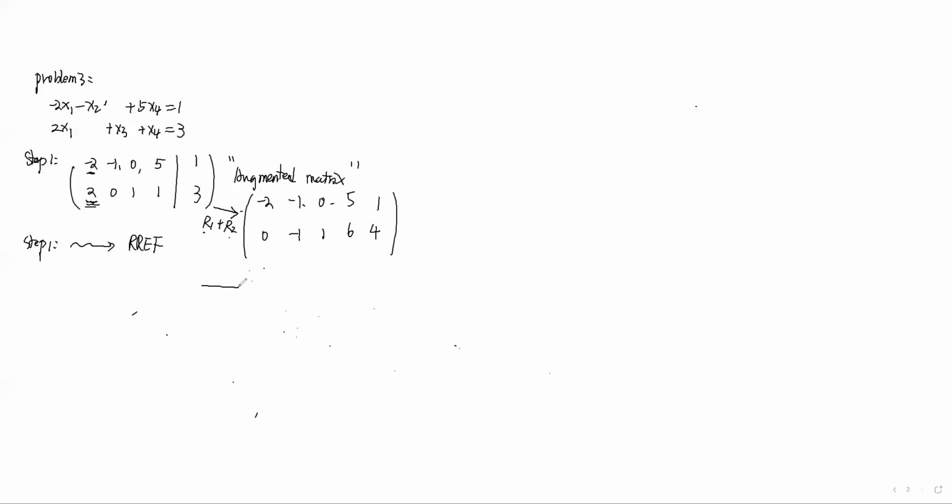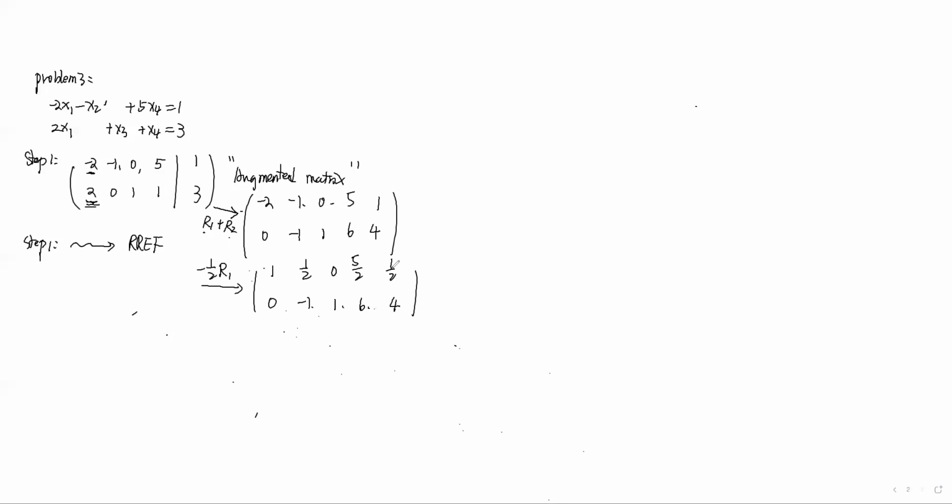And then multiply the first row by negative half. We didn't change this, we just copy it like this. And then we get 1, half, 0, 5 over 2, and a half.